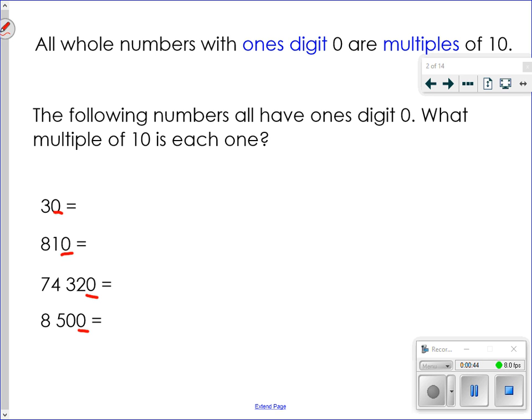What multiple of 10 is each one? Well, 30 is 3 groups of 10. That's what the multiplication sign means, groups of.